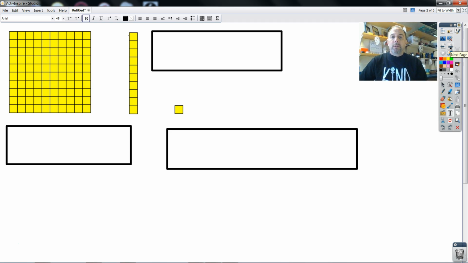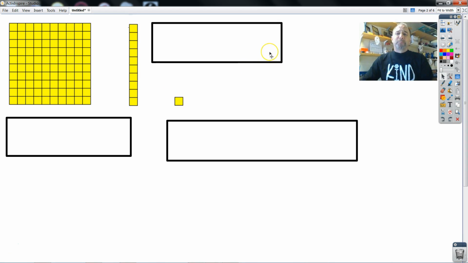You'll recognize these little Cuisenaire place value rods because y'all have been using them since basically kindergarten. Now in years past this has been 100 and this has been a 10 and this has been a 1. Well, this year we're going to change up the values a little bit. Now if you think about it in terms of place value, this big block has how many little squares in it?